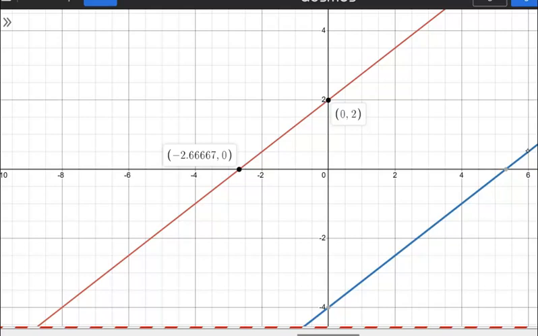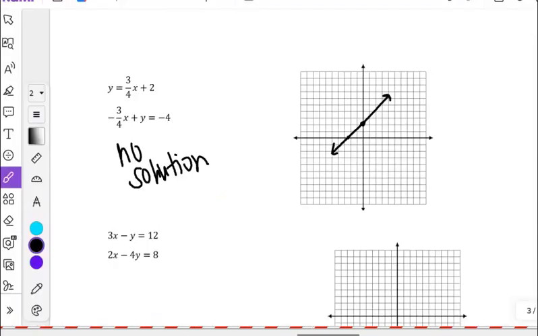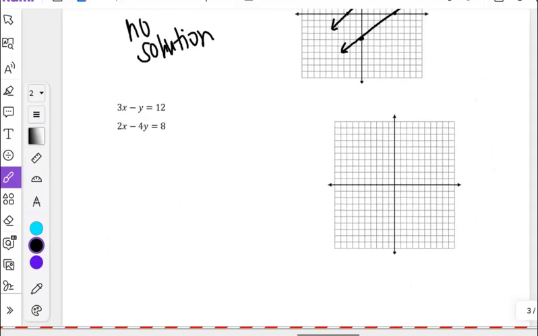So it looks like the y is -4 and the x is about 5 1/3. So I'm going to go to -4. And that's how you would sketch the graph. Okay, so no solutions because it doesn't touch.